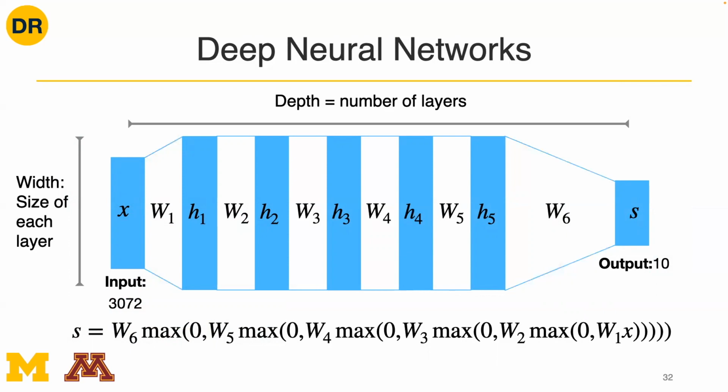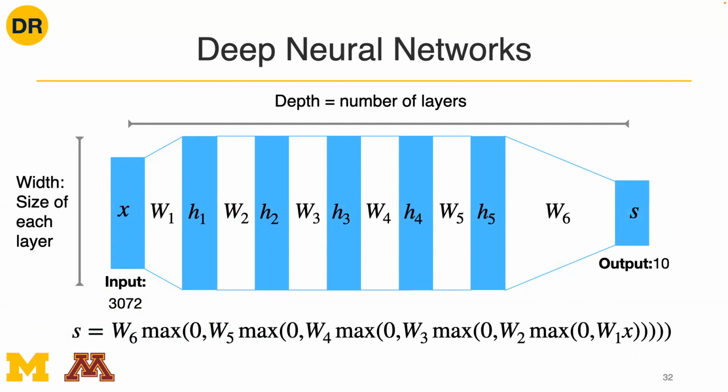As terminology, when we say depth, we're referring to how many individual layers there are within our network, along the horizontal portion of the diagram. If we say the width of a particular network, we're referring to the dimensionality of the intermediate hidden features within the network.